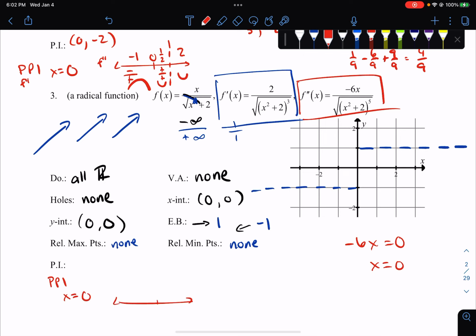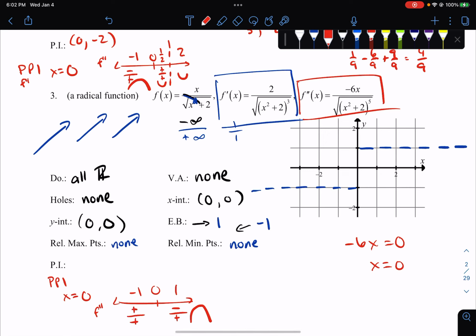So I'm going to do my little sign chart, 0, +1, -1, and this is for f double prime. So if I plug in a +1, I end up with a negative on the top and a positive on the bottom, which means I'm concave down. If I plug in a -1, a -1 times a -6 is a positive number.